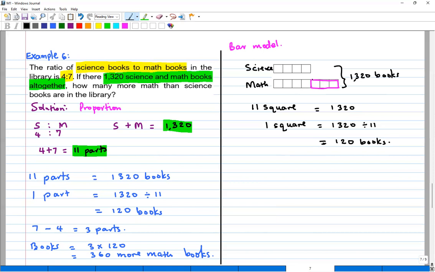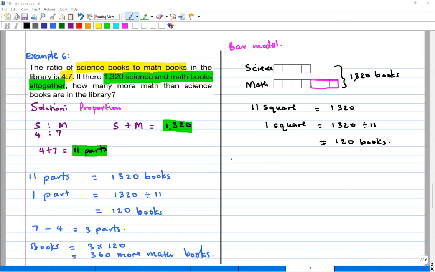Now, we can see that there are 3 more squares that represent math than science. So it means that these 3 squares will mean 3 times 120. So we can see that each square, each part, is equal to 120. Now, what about these 3 parts?